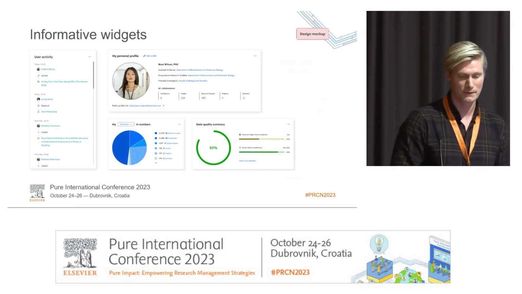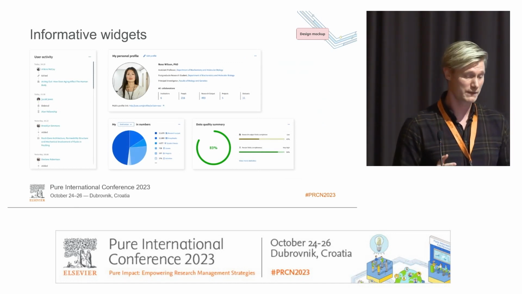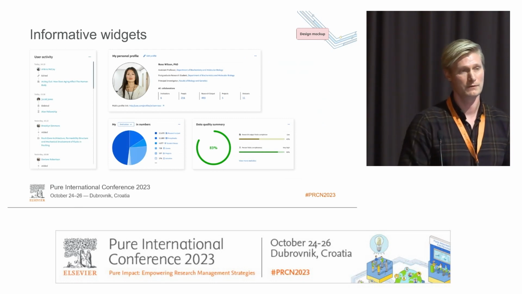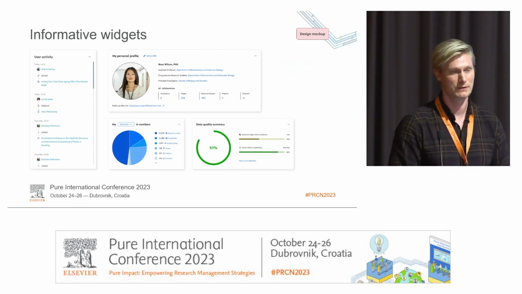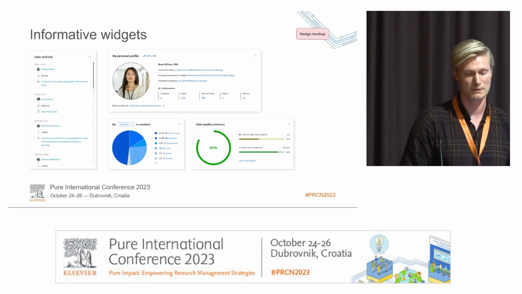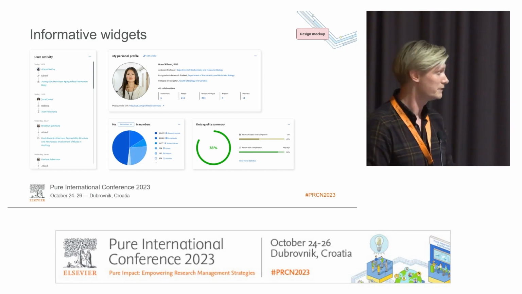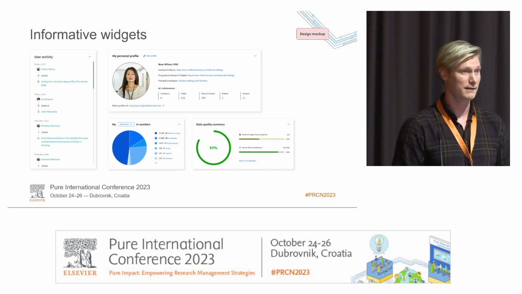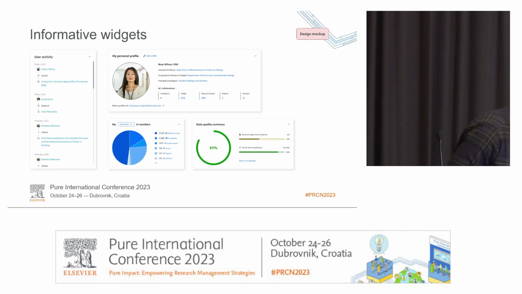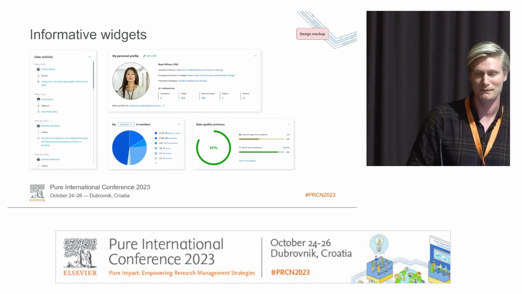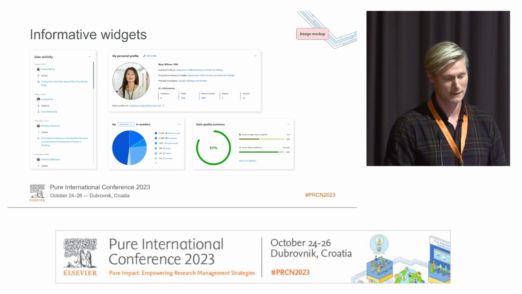Just some examples also of what I've chosen to call informative widgets, which hold an informational overview and aren't necessarily tied to a specific function or specific job that you're trying to do. Could be something like showing recent user activity. Yeah, the lines have disappeared between the items, but the specific design doesn't matter too much.